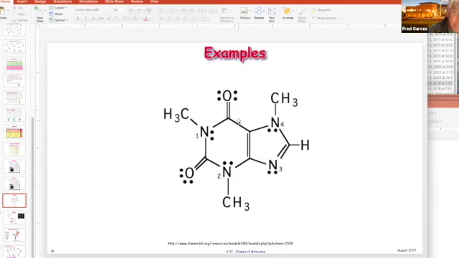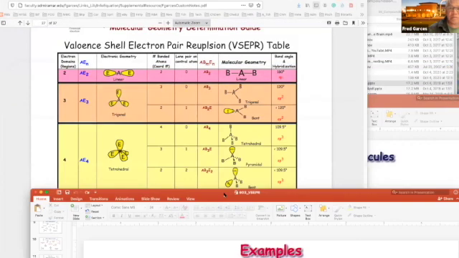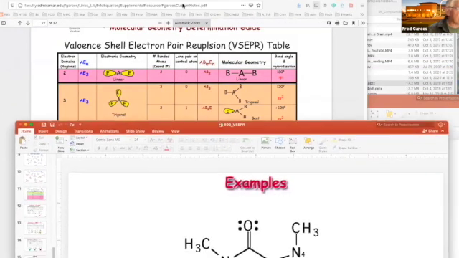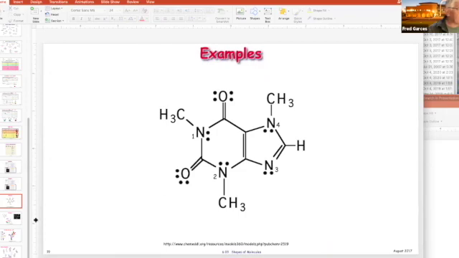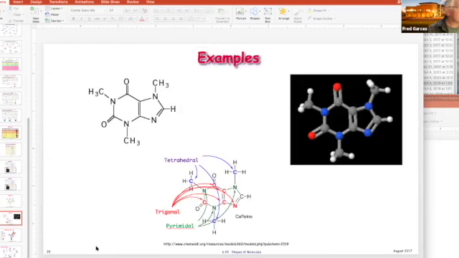1, 2, 3 domains. Around this nitrogen, 1, 2, 3, 4, that would be pyramidal. Around this carbon, 1, 2, 3, that would be trigonal. You just have to count the domains and then learn how to use this table. Learn how to use that table because it'll be pretty simplistic once you do that.